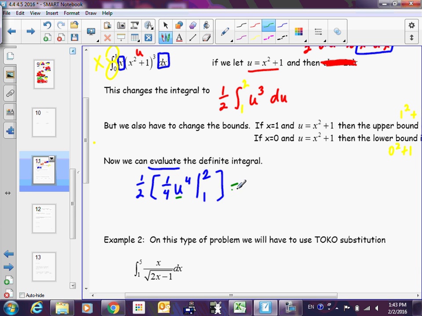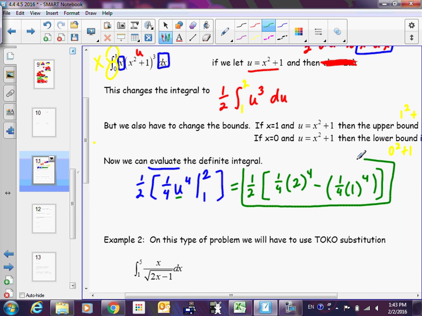Okay, so let's go ahead and plug the numbers in. 1/2, and then I would go ahead and do 1/4 and plug in 2 first, minus parenthesis, and then 1/4, plug in 1. That's our answer. It is unsimplified, but it is our answer.